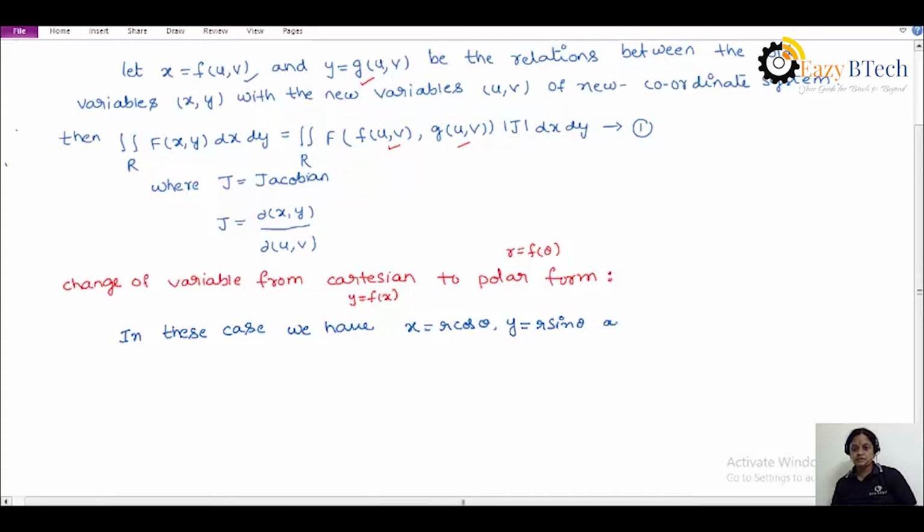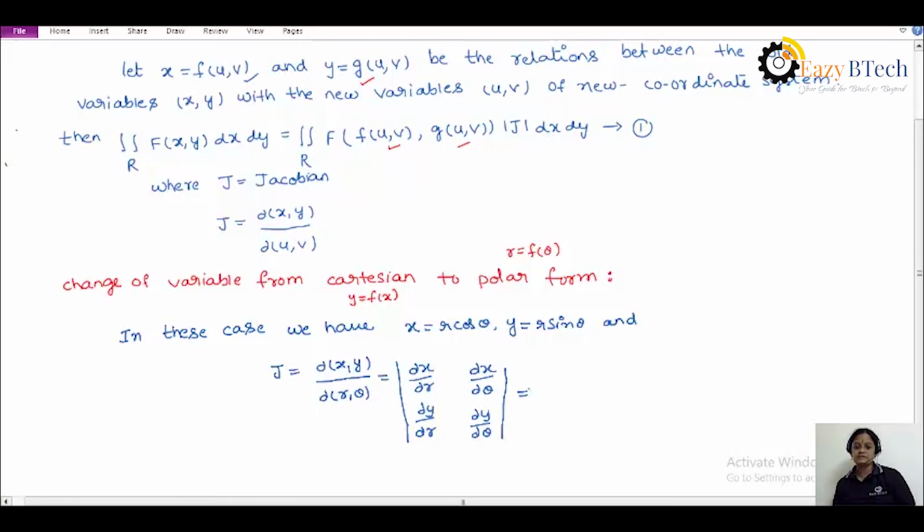Okay, students, and the Jacobian transformation J is equal to ∂(x, y) by ∂(r, theta), the determinant of ∂x/∂r, ∂x/∂theta, ∂y/∂r, ∂y/∂theta. So x and y values are there here.